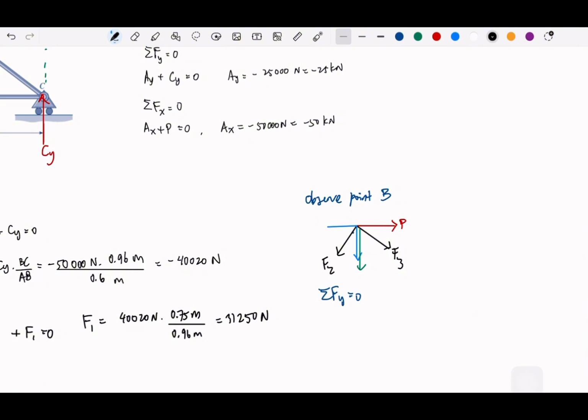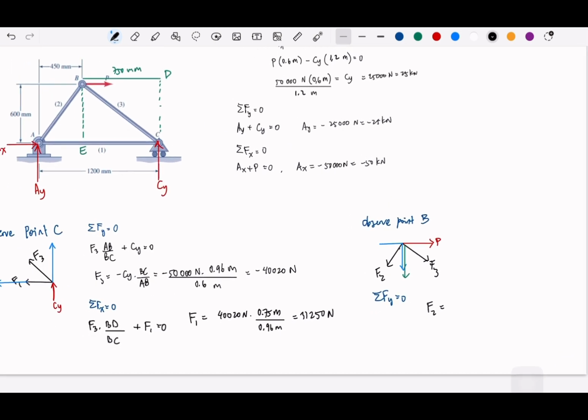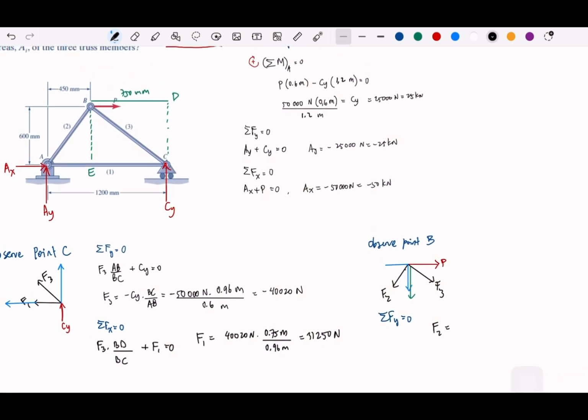I will write just the final equations. So AB over 450 divided by 600 millimeter multiplied with the F3 will be the 600, right?